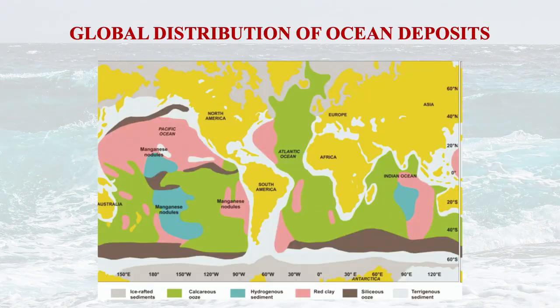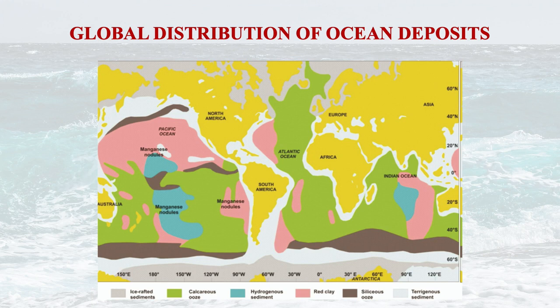In the horizontal distribution, you can see this world map that shows the distribution of ocean deposits in different areas of the oceans. You can see the red clay portion shown by the red color, and it occurs mostly in the Pacific Ocean. And let us start first with the terrigenous deposits.